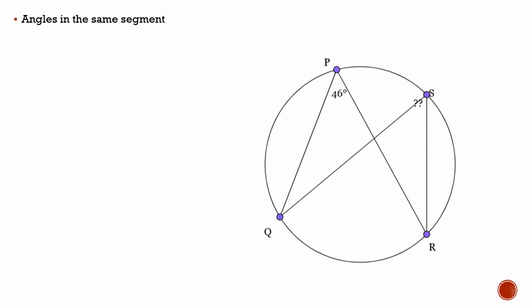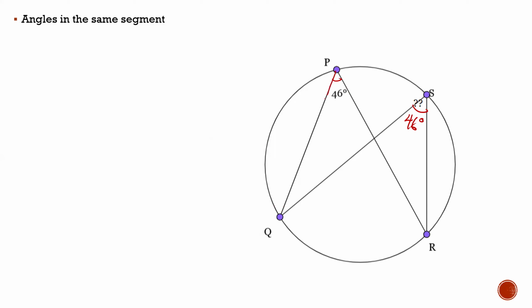Okay, last one. Angles in the same segment. Now, just by looking at this, these two angles are equal. Because first of all, let's look at this angle first. Look at the chords that form this angle.